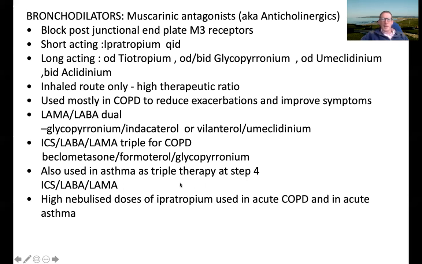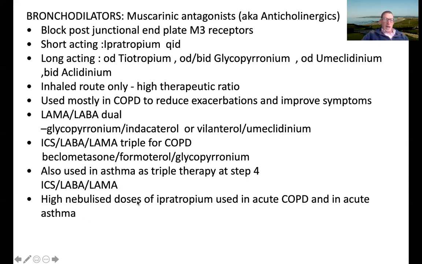So rather than having an ICS LABA inhaler, like beclomethasone, formoterol, and then adding in a separate LAMA, such as tiotropium, which needs 2 inhalers with 2 different techniques, it's much easier to have 1 inhaler, which has got all 3 components in it. So that's the way forward in asthma at step 4. So we wouldn't tend to use 2 separate inhalers.